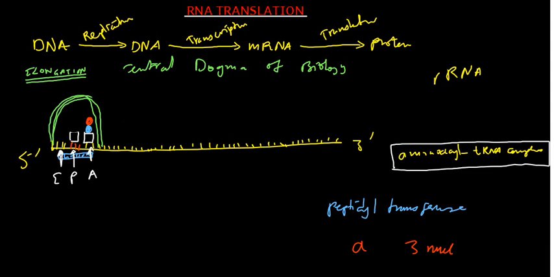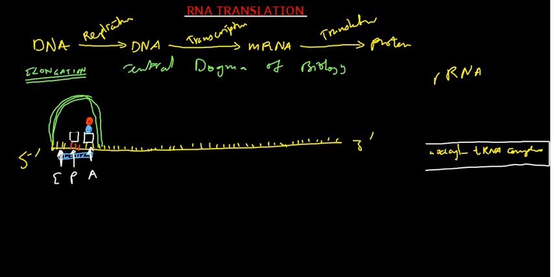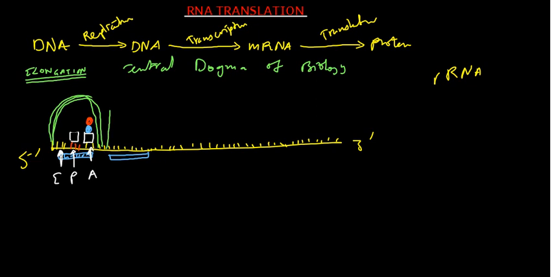So what is going to happen then? Well, if it does move like that, this complex is going to find itself on the next stage. Let's say the next stage is here. Then the large subunit is on top.